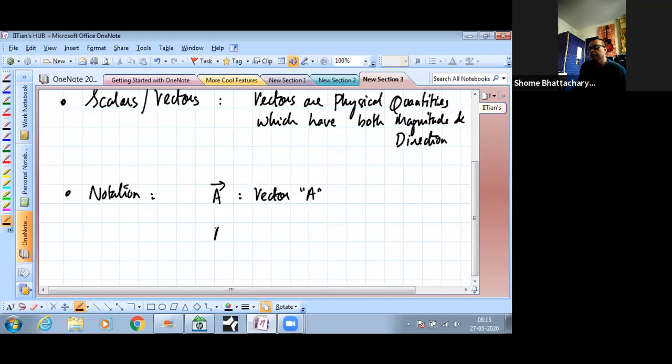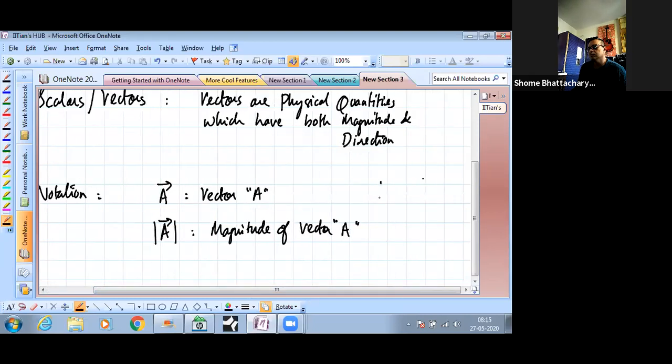And if I put it between two bars like this, it is understood as the magnitude of the given vector A, like this. Whereas if we just have a symbol by itself without any arrow on top of it, then it is understood that it is a scalar quantity.